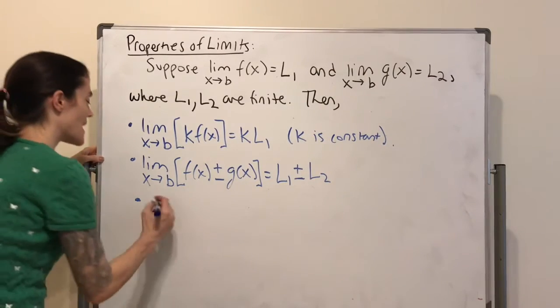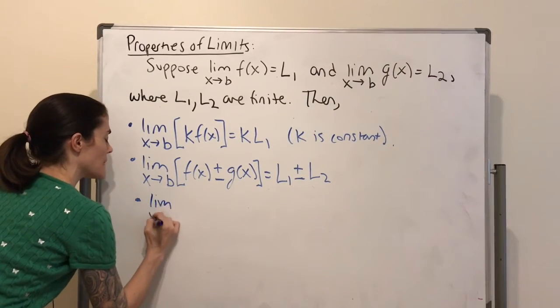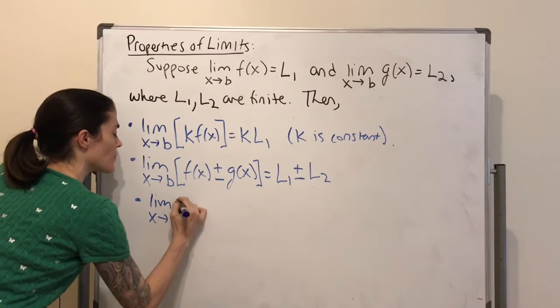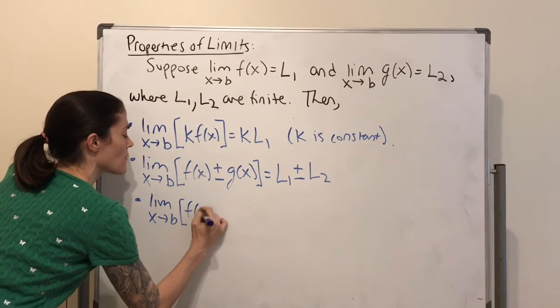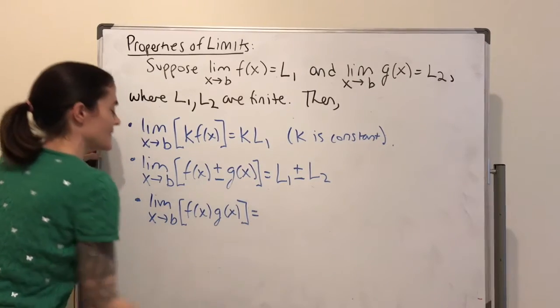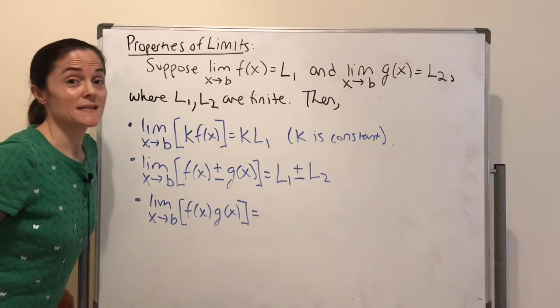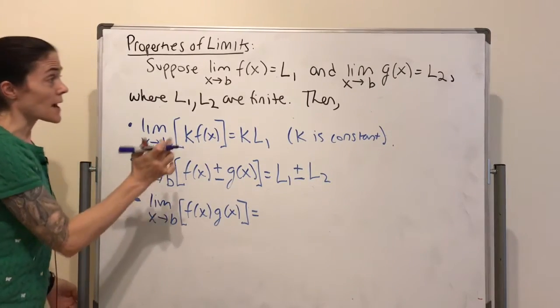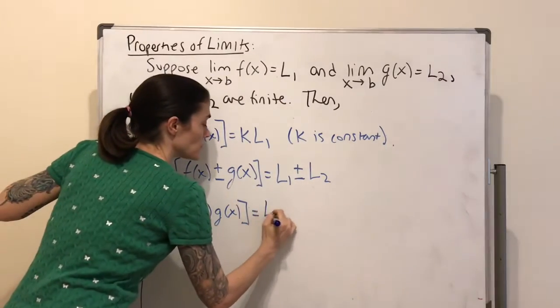What else do we have? Well, if you have the limit of a product, this limit would also exist, and it would be the product L1 times L2.